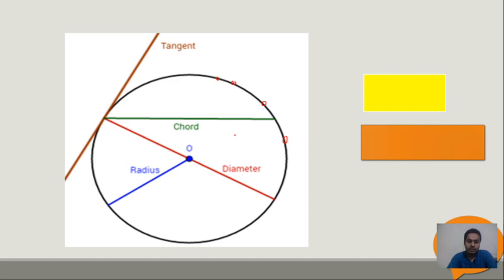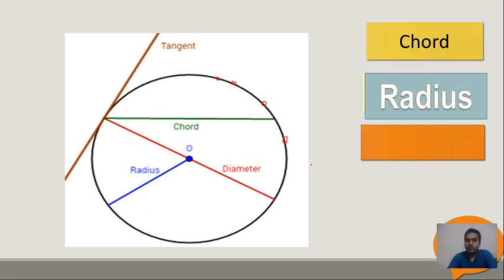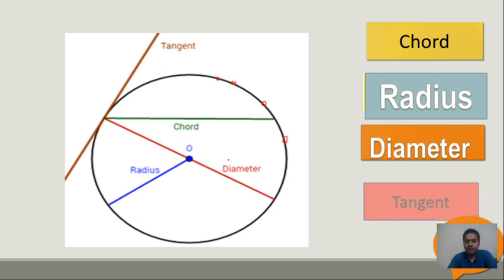Why this is a chord, you can see in the next step, and this is the radius and this is the diameter. Now we can see our definitions of these terms. First one is chord, second one is radius. This line is the radius, and third one is diameter. This is called a diameter. And then tangent. This is called a tangent.